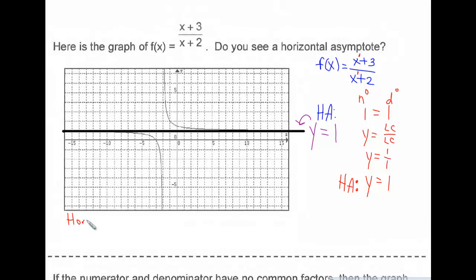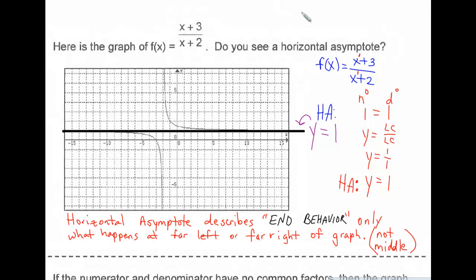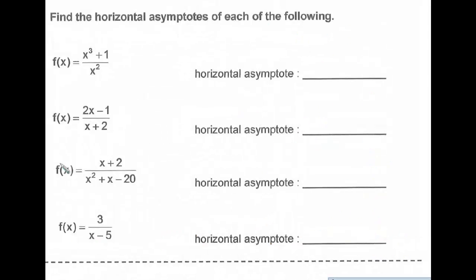Another thing to note is the horizontal asymptote describes the end behavior only, what happens at the far left or far right of the graph, not the middle. Also remember that the degree is the highest power of x. Find the horizontal asymptotes of each of the following. So let's look at the degree of the numerator first.